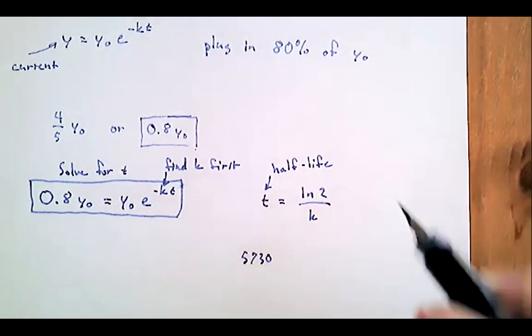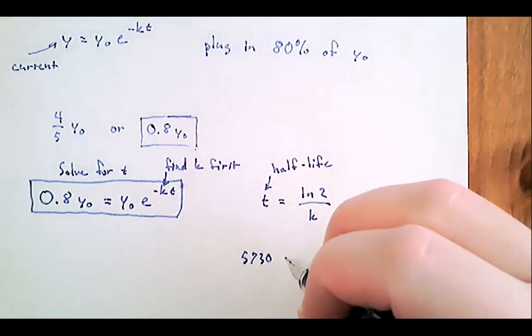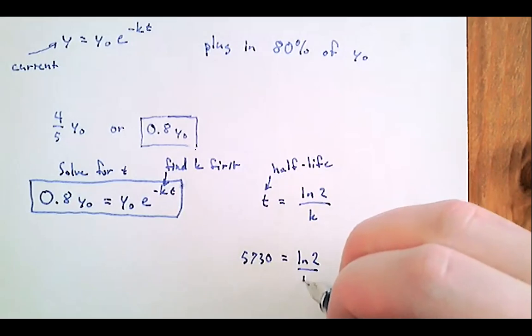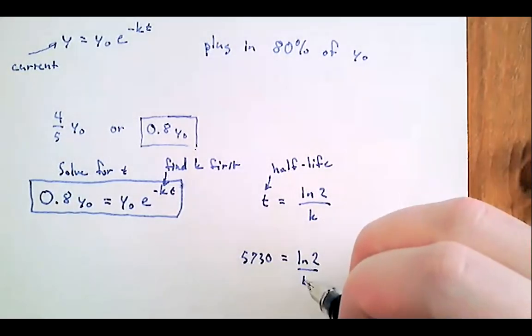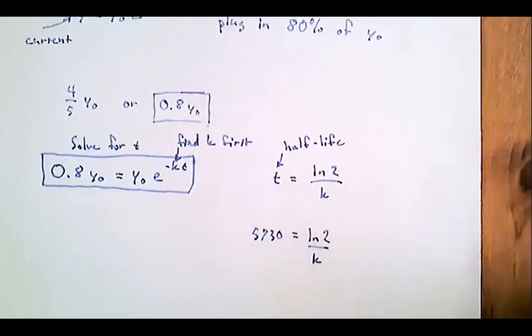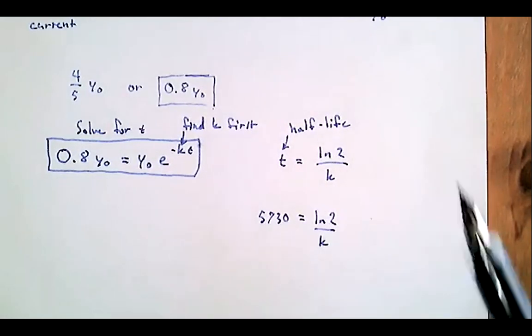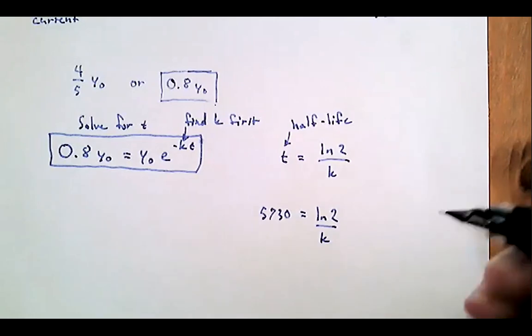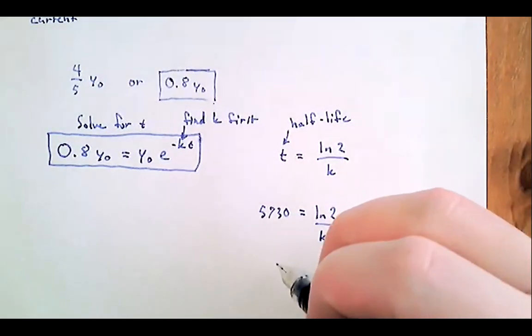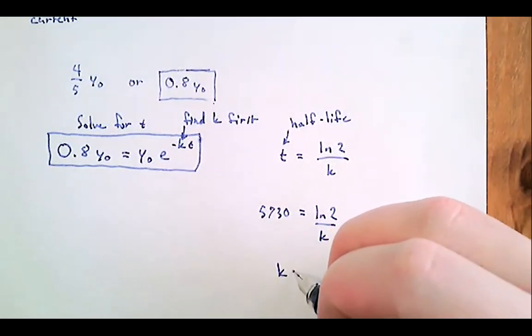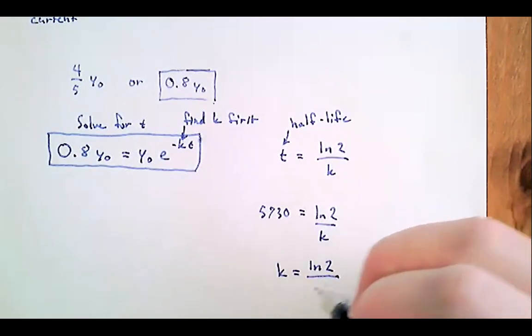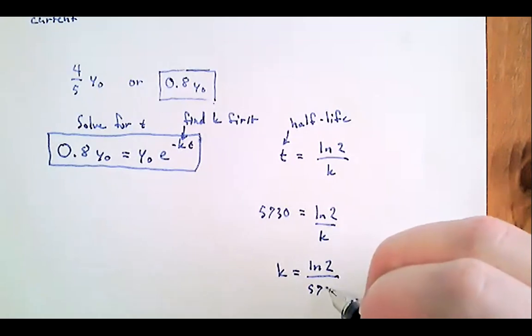We're going to plug in our known half-life. Okay, so then you'll rearrange this formula, multiply through by k, divide by 5,730, and you'll see that k is equal to log 2 over the half-life.